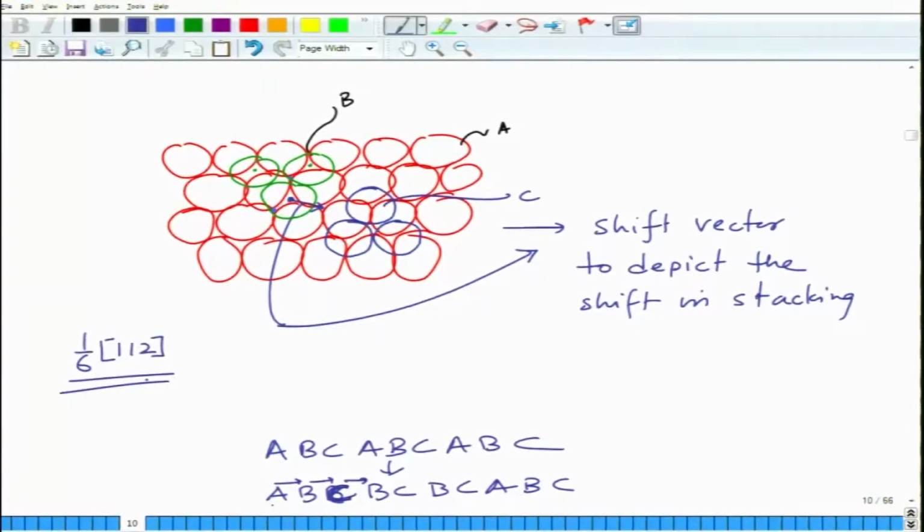So essentially what happens here is the full dislocation gets broken into two parts, which are called partial dislocations.